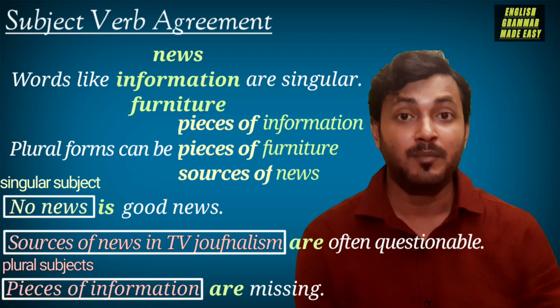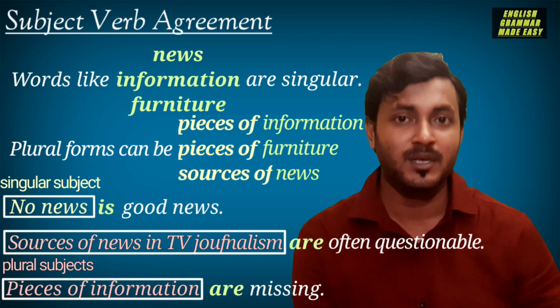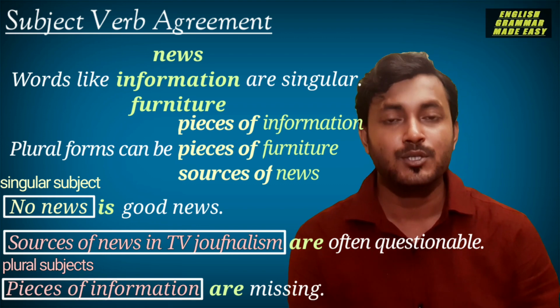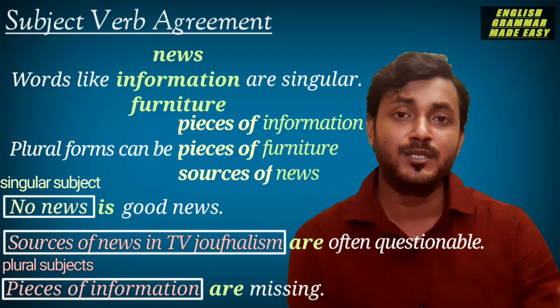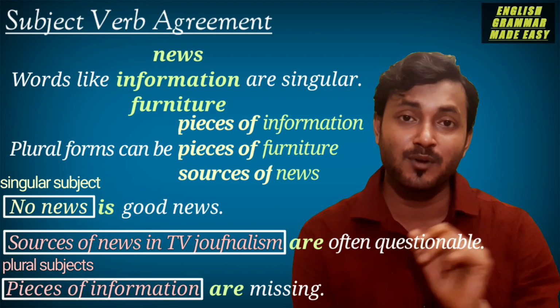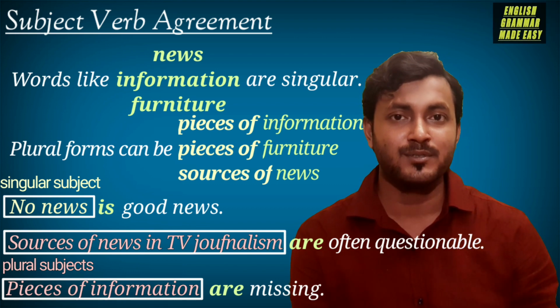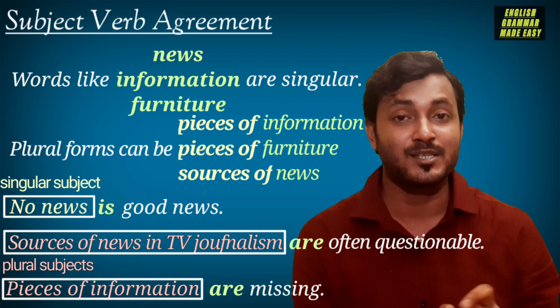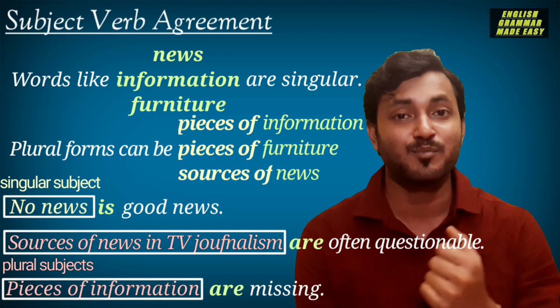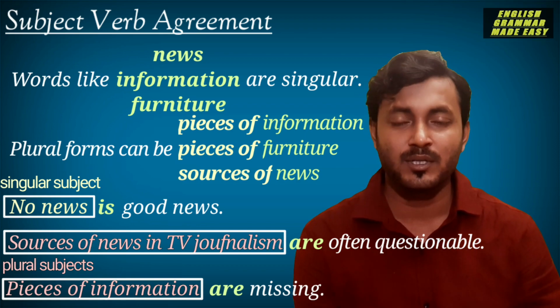So news is singular, but sources of news is plural, right? No news is good news: we have used a singular verb after it. But sources of this news are questionable: our subject is sources, it's plural here. Done? It's not that difficult, this rule actually.